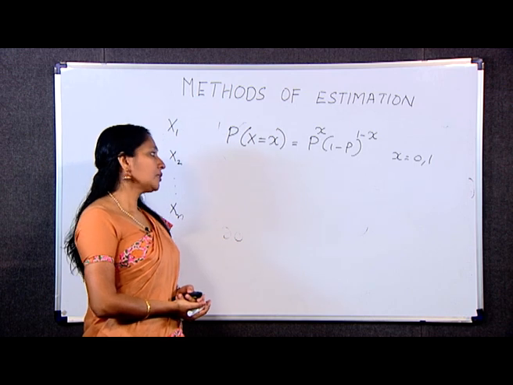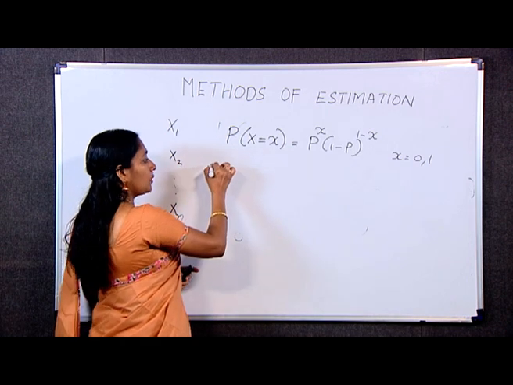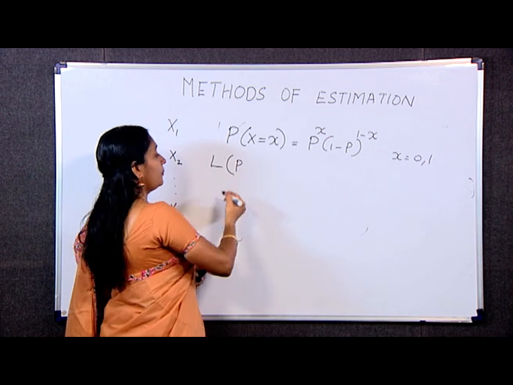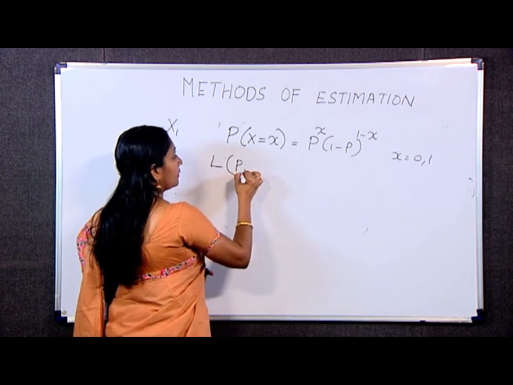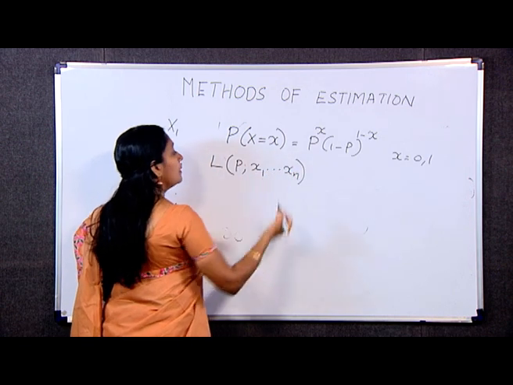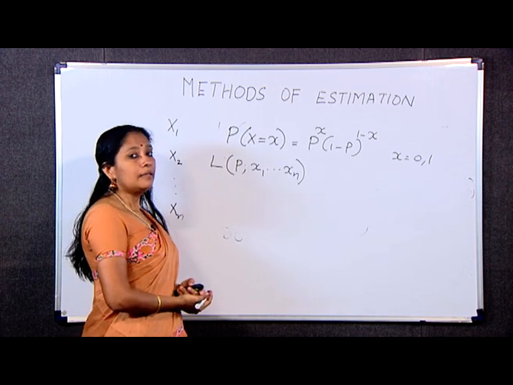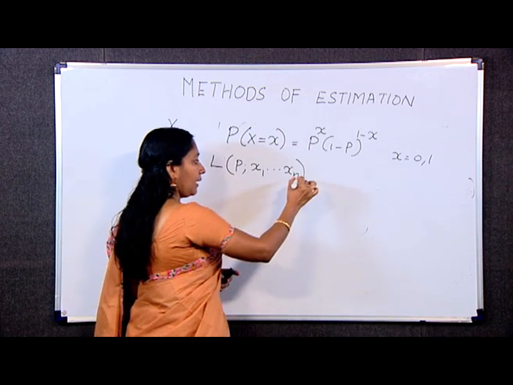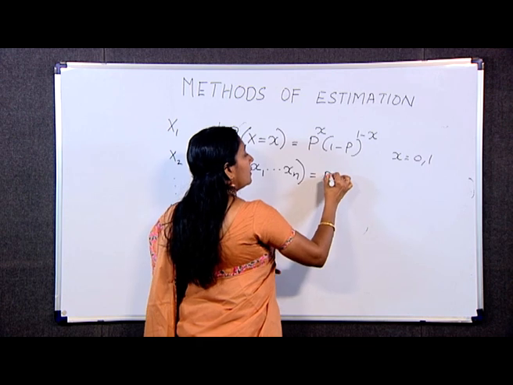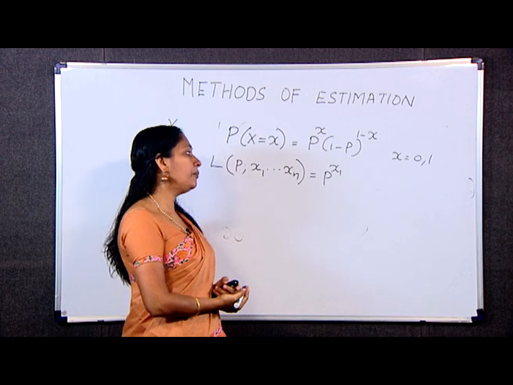To estimate the parameter p, we need the likelihood function. Let us write down the likelihood function L of p, since the parameter is p, then the sample values x1, x2, ..., xn, since we have taken a random sample from the Bernoulli distribution, and this will be equal to the product of the probability mass function at the sample points.